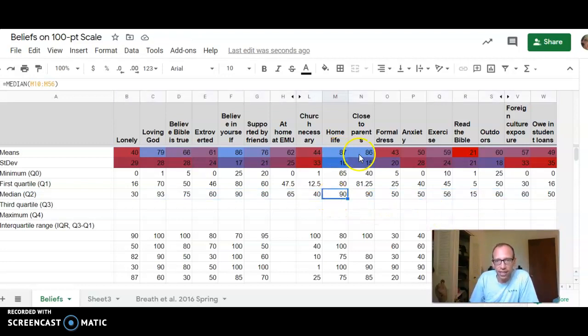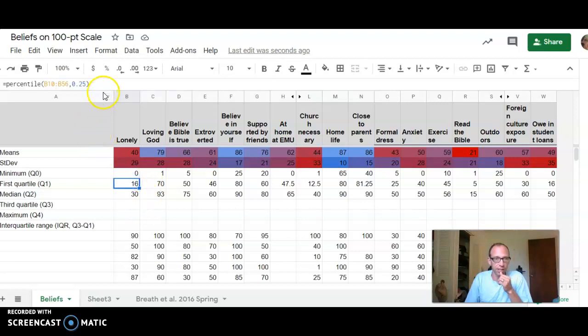Again, I had seen that the means were really high on some of these values, but still, the fact that the median, I guess this would surprise me a little bit, that at least half of the class, median means the score of 93 is greater than or equal to half the class. So it also means that half the class is 93 or greater, which seems like a pretty good chunk of the class that believed in loving God there.